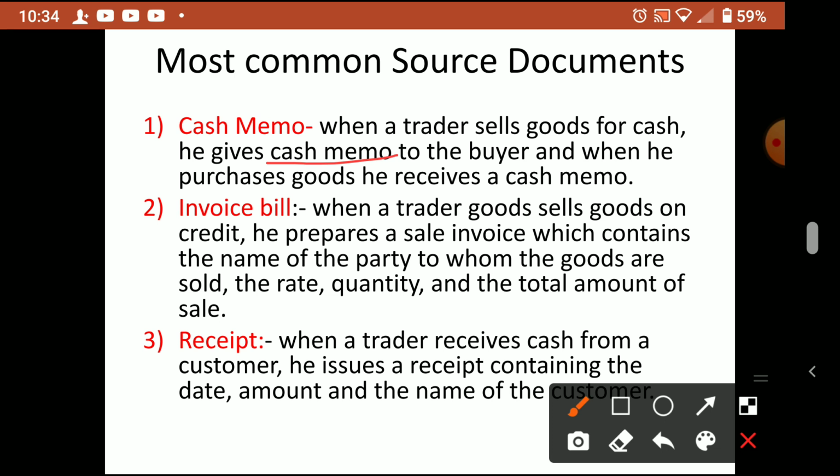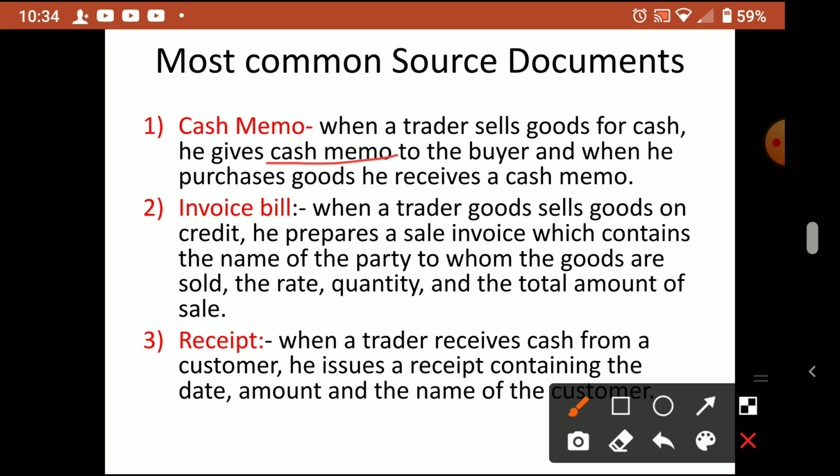When products arrive, one paper will be on top of the packet, so you can check next time onwards. It contains the name of the party to whom the goods are sold, the rate, and the quantity.